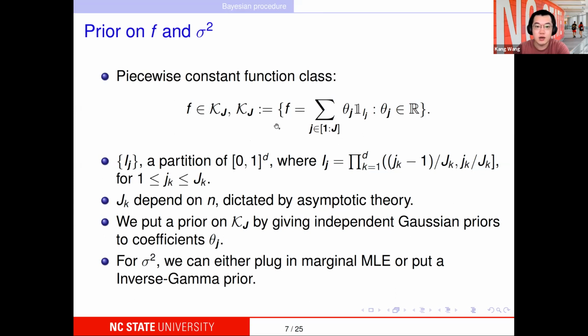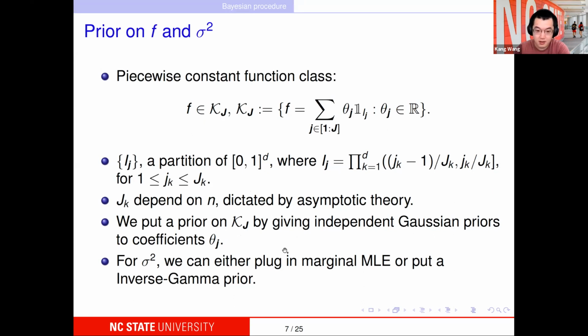We can put a prior on K_J by imposing a prior on theta_J. Because we use a normal regression model, we can put independent Gaussian priors on the coefficients of theta_J. Another parameter is sigma squared.